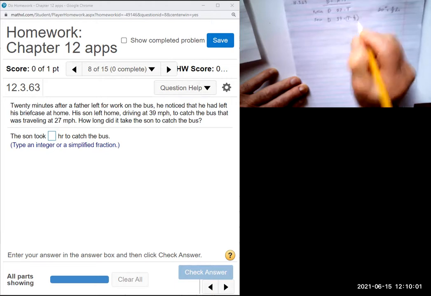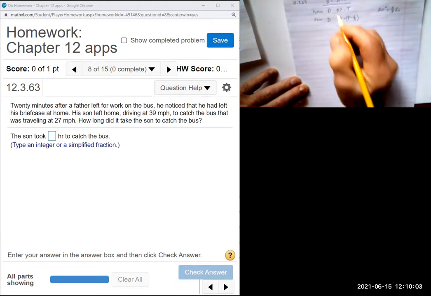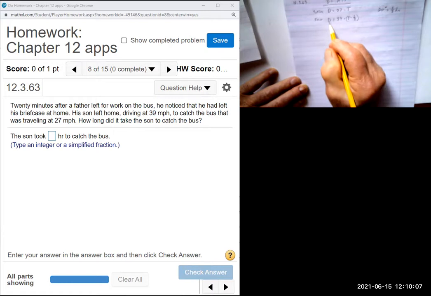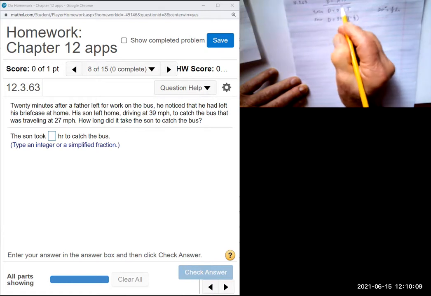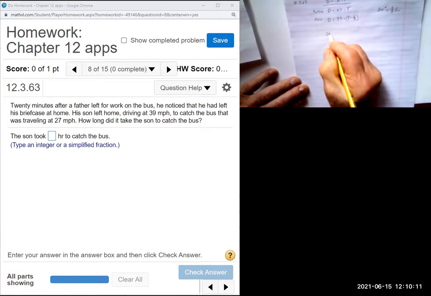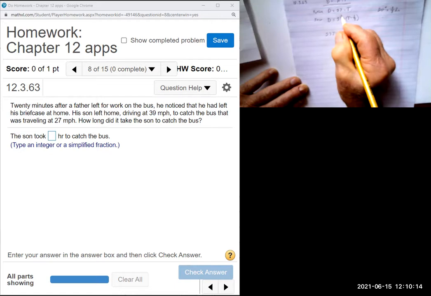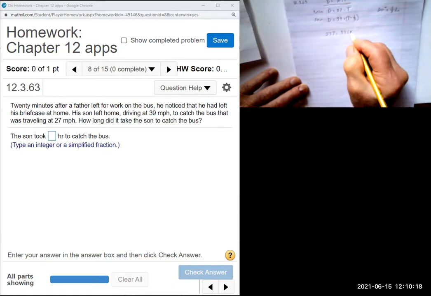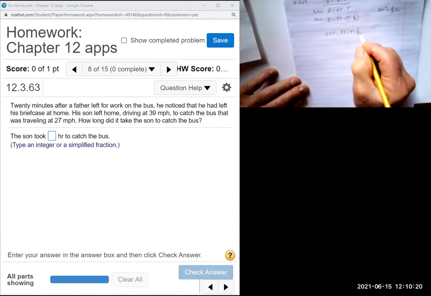And I'm going to put a parenthesis around it. And these are 2 separate equations where the d is the same. So I'm going to set the top equation 27t equal to the bottom equation 39 times t minus 1/3.